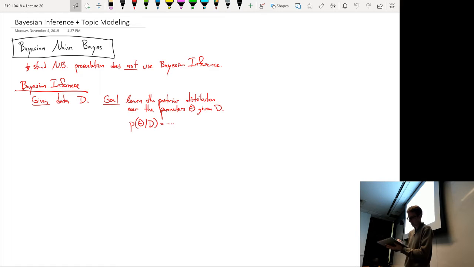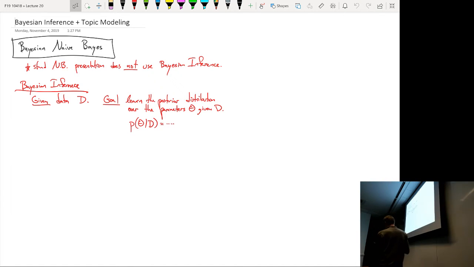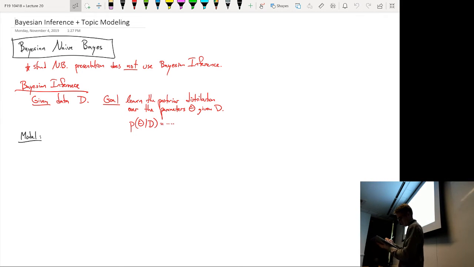So what are you used to doing? The standard setup is, let's be clear about what our model is. Our model here is this Dirichlet multinomial.